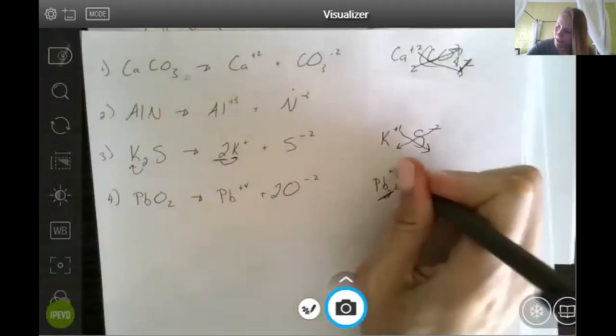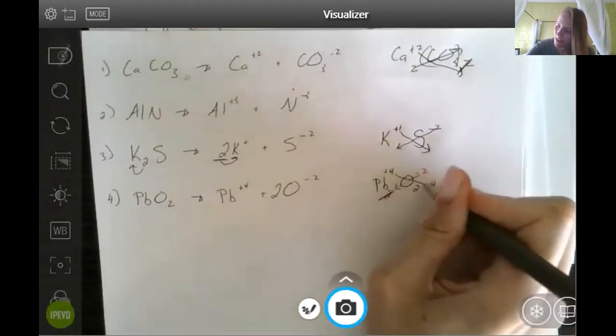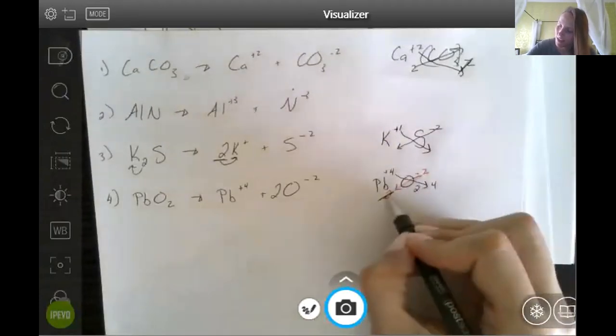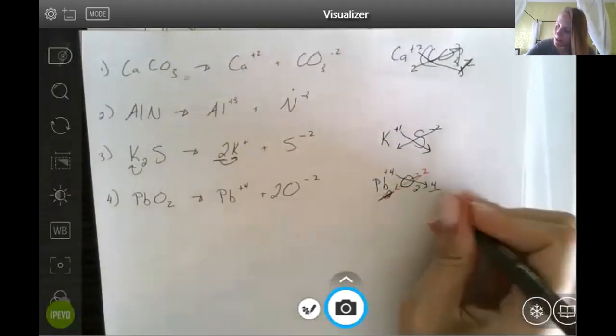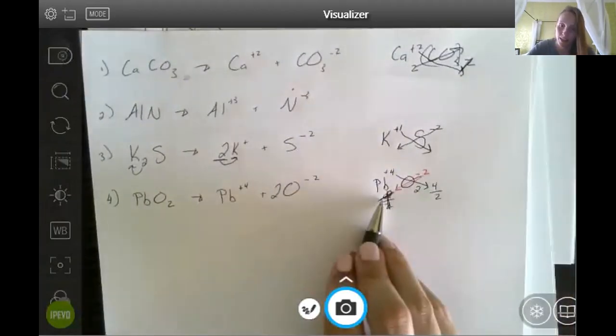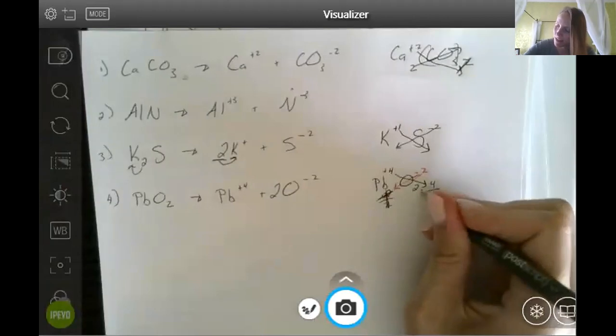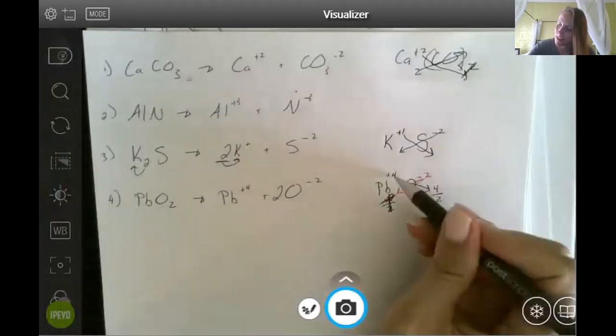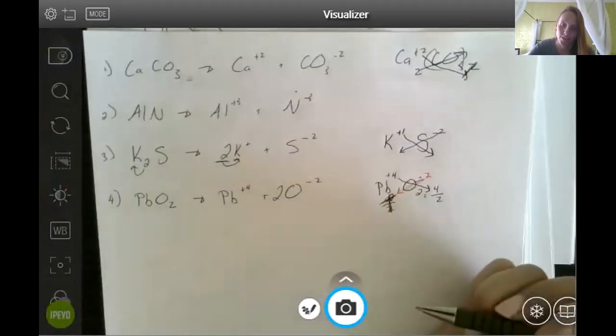So if I had a +4 here, that would leave me with a 2 here. And then I would divide both of those by 2, which leaves nothing behind the lead, and it leaves a 2 behind my oxygen. Okay, so that's how I know that my lead has a charge of +4.